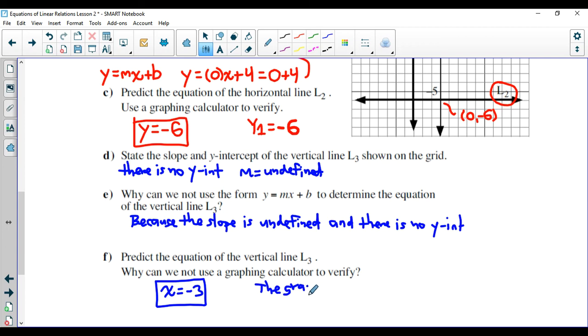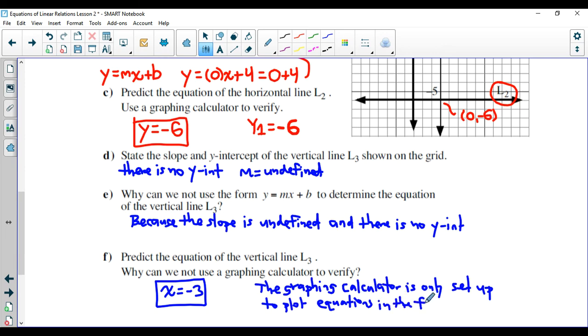The graphing calculator is only set up to plot equations in the form y equals, not x equals. Okay, so you cannot use your graphing calculator.